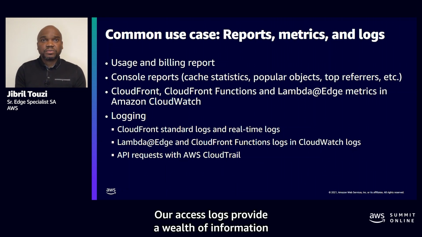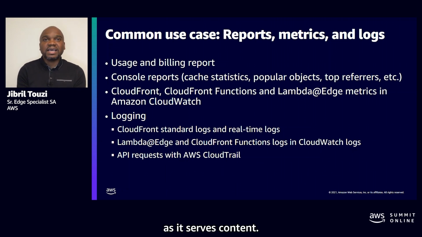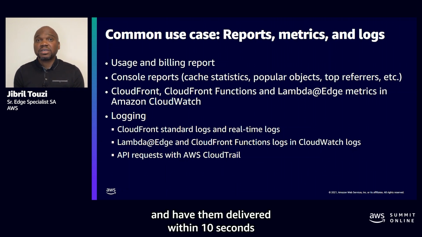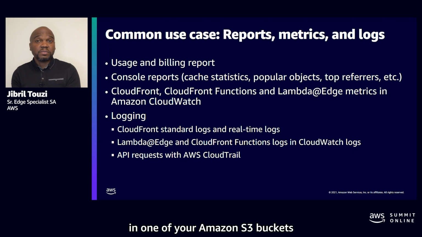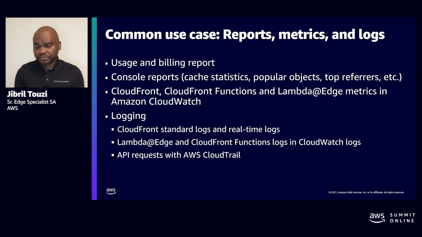Our access logs provide a wealth of information about what is happening with your CloudFront distribution as it serves content. You can generate these logs in real time and have them delivered within 10 seconds in one of your Amazon S3 buckets or in external tools like Splunk or Datadog.